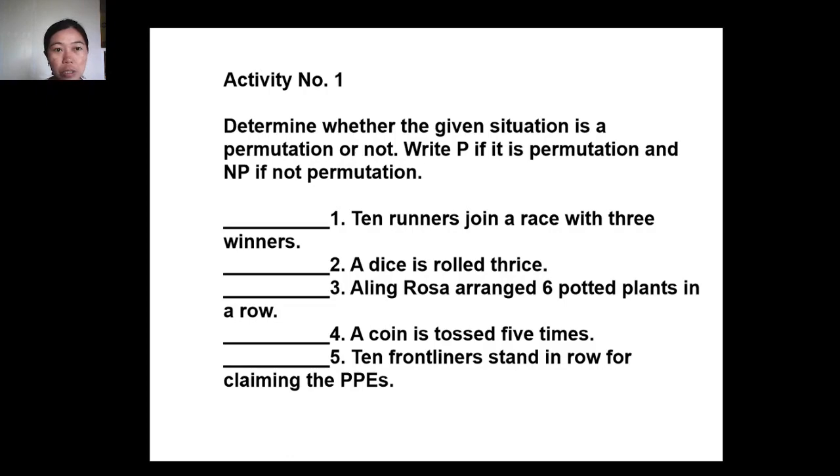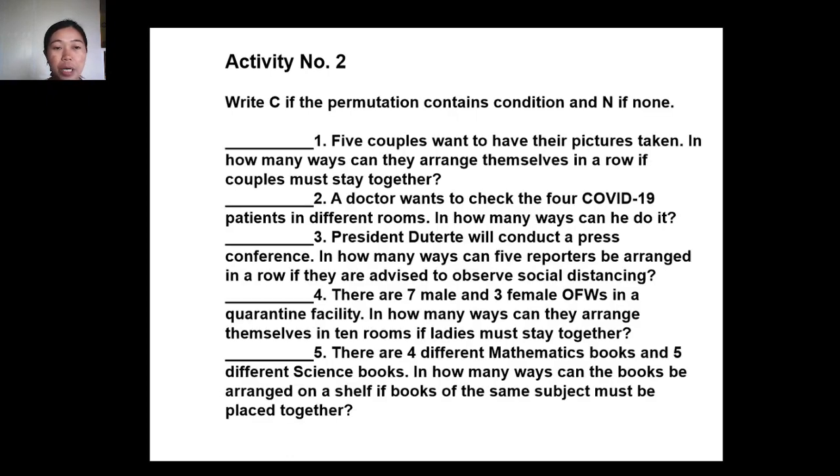So, what about activity number 2? So, for activity number 2, write capital letter C if the permutation contains condition, and capital letter N if none. So, madali namang i-determine if there is a given condition. Yung may mga request sila sa pag-arrange.